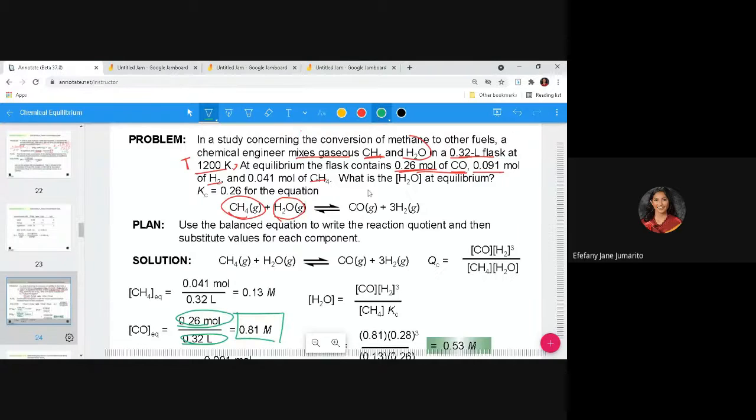What is the concentration of H2 at equilibrium? 0.091 molar divided by 0.32, that is 0.28.